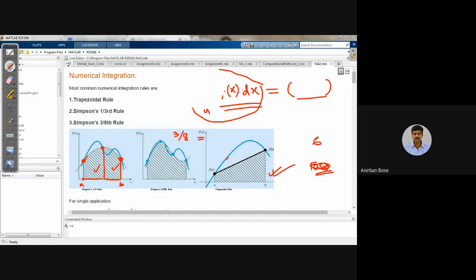In the case of 6 segments, you can understand that 1, 2, 3, 4, 5, 6.